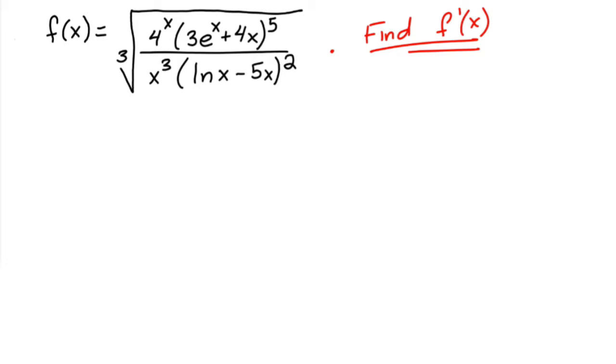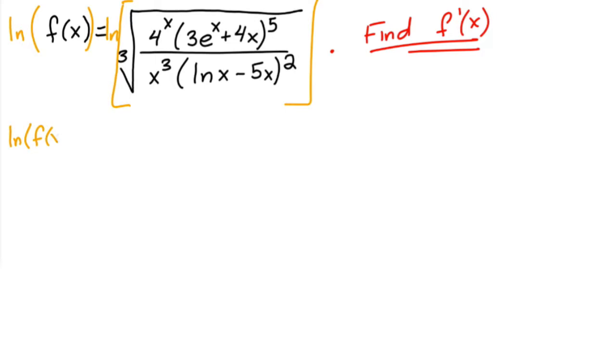A much better idea is to use logarithmic differentiation, and when you do that, you can break up this massive monstrosity into several different chunks, and that gives you a more manageable function.